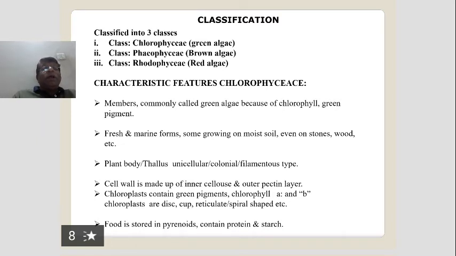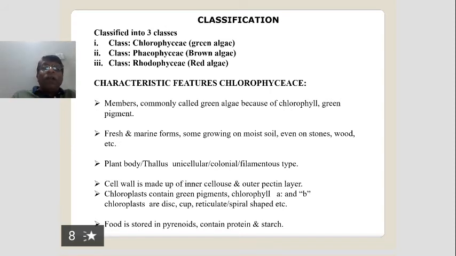Now, what is the plant body like? The plant body of algae we call thallus. Thallus means there is no differentiation of root, stem and leaf. Such a structure is called thallus.